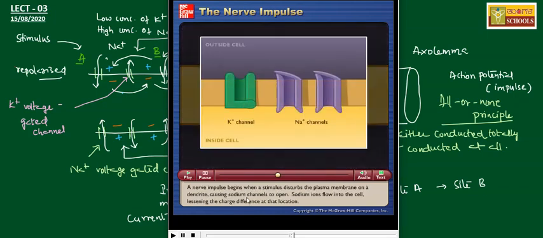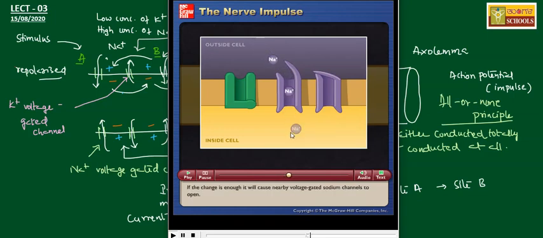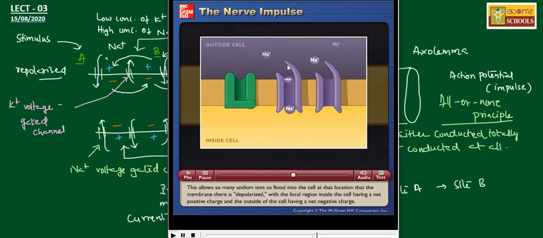Now what happens? You can see these are sodium channels and this is a potassium channel. You can see the sodium ions moving into the axoplasm. These are the gates which will open or close.